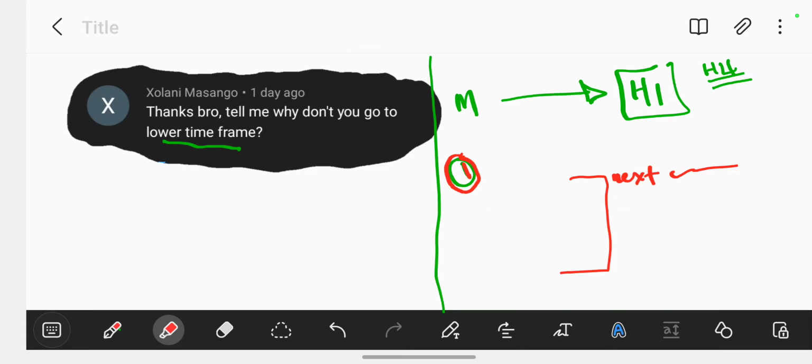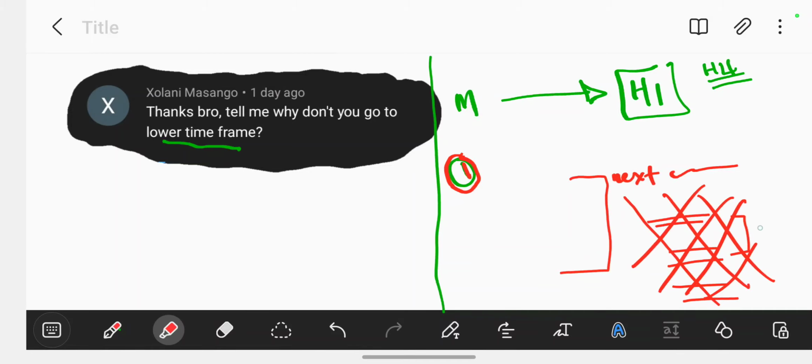So if you're trading, let's say M5, you'll find lots and lots of candlesticks there, and the zones are just too close to each other. So how am I going to buy here and exit here, you see? But if I go up to H1, you'll find that all of this is not there on H1. It's just one candlestick, which is the red. Which is what I want, so that I don't always have to check my chart.